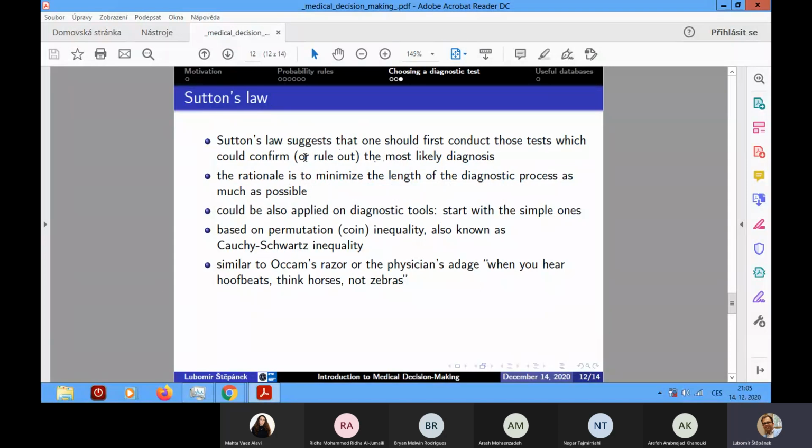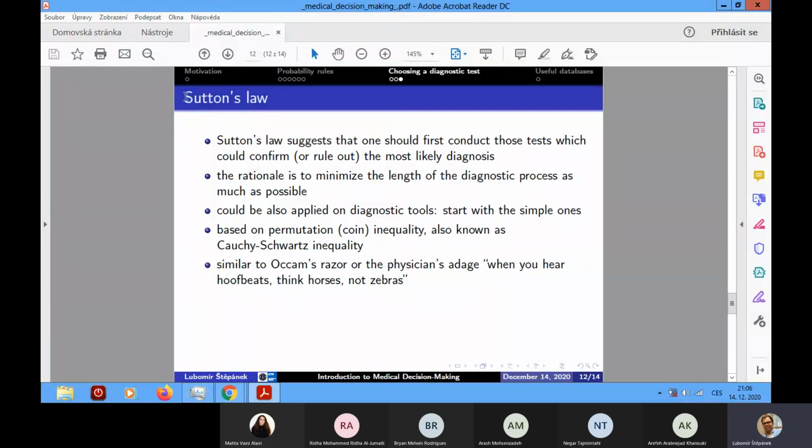So you just lose some time. The patient could get a bit upset, and you have to continue from the beginning, because you have to send the patient to some other test and so on. So it's absolutely logical to start with the most likely diagnosis and to confirm it or eventually rule it out. But it depends on the results of the test. I would say that it's absolutely intuitive.